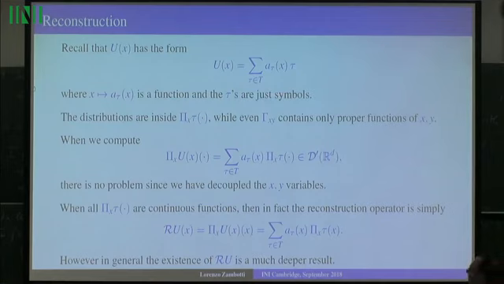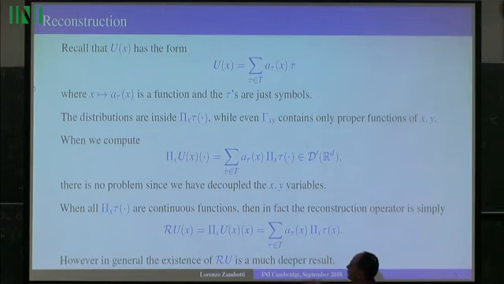The distributions are only inside the pi x of tau. So even gamma contains only good functions. So when you compute pi x of u of x of dot, that's okay. So it's a distribution, because you are multiplying this distribution in dot times something which is a function of x, but you are decoupling the two variables, so there is no problem.